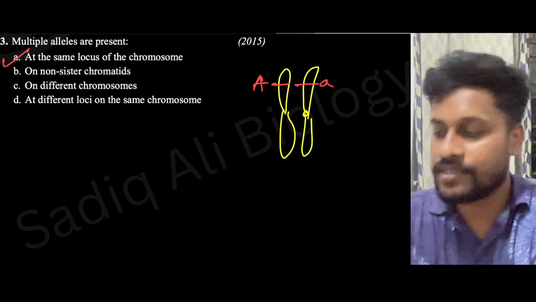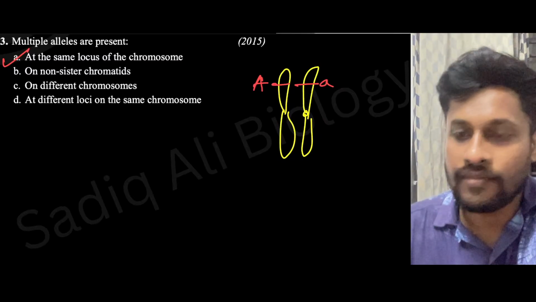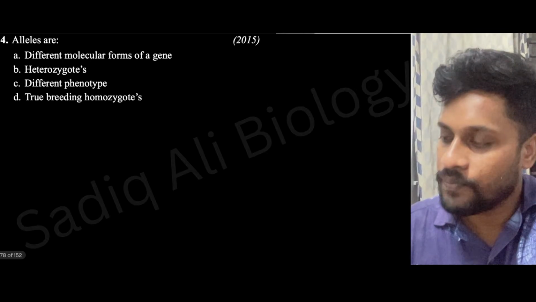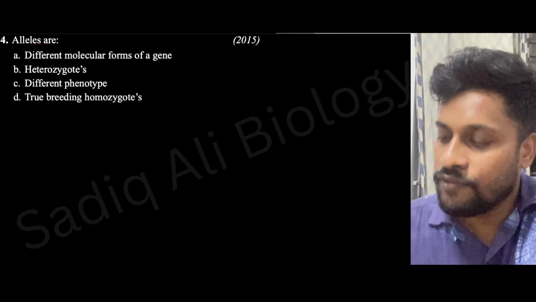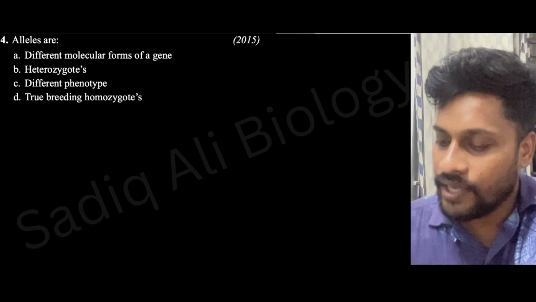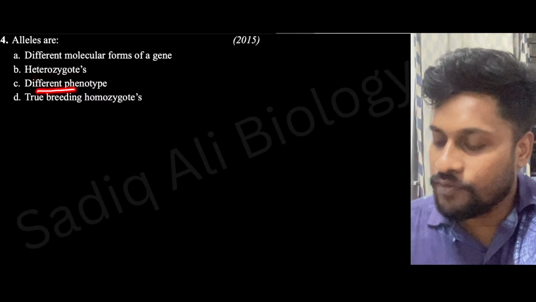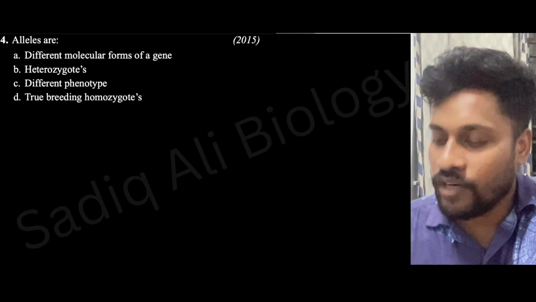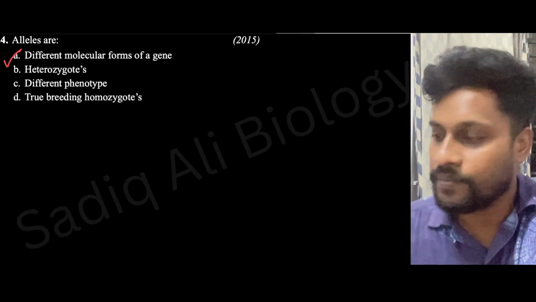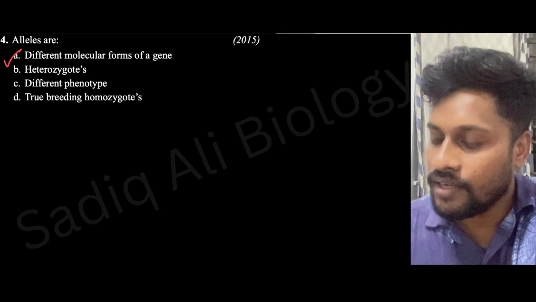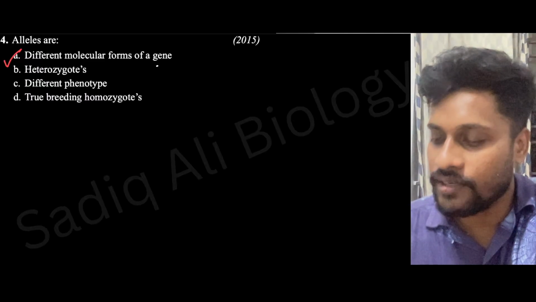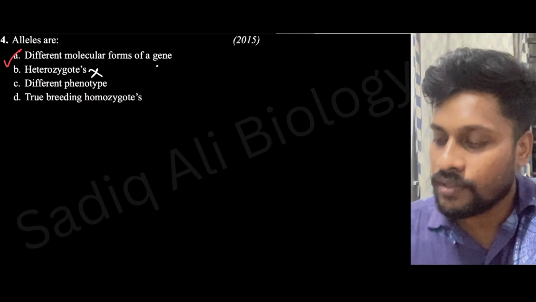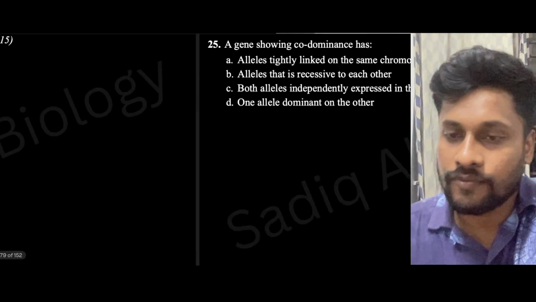Option A will be the answer. Clear? Now, 24. Alleles are different molecular forms of a gene, not heterozygous. It can be homozygous also, no problem. Nothing but option A, right? Very good.